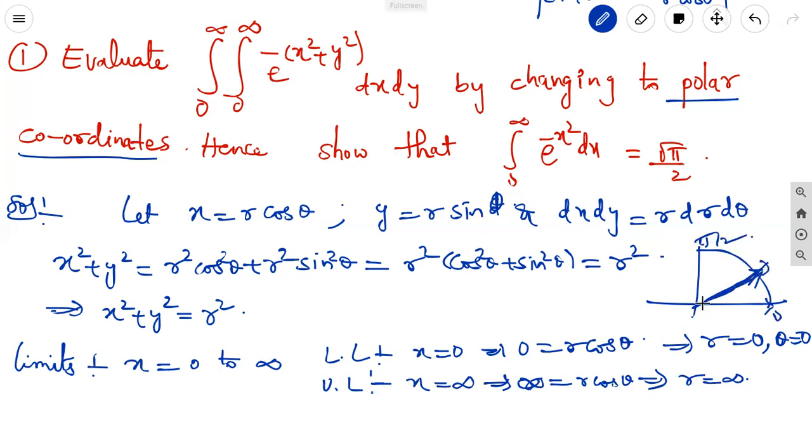Since x is 0 to infinity and y is 0 to infinity, the region is in the first quadrant only. In the first quadrant, the radius r goes from 0 to infinity. Why? Because both variables x and y are 0 to infinity, so the position vector changes from 0 to infinity.